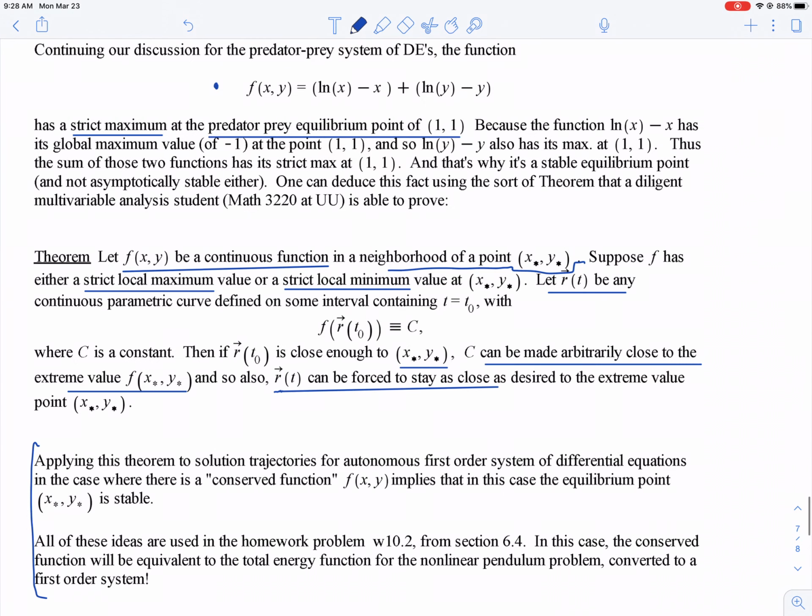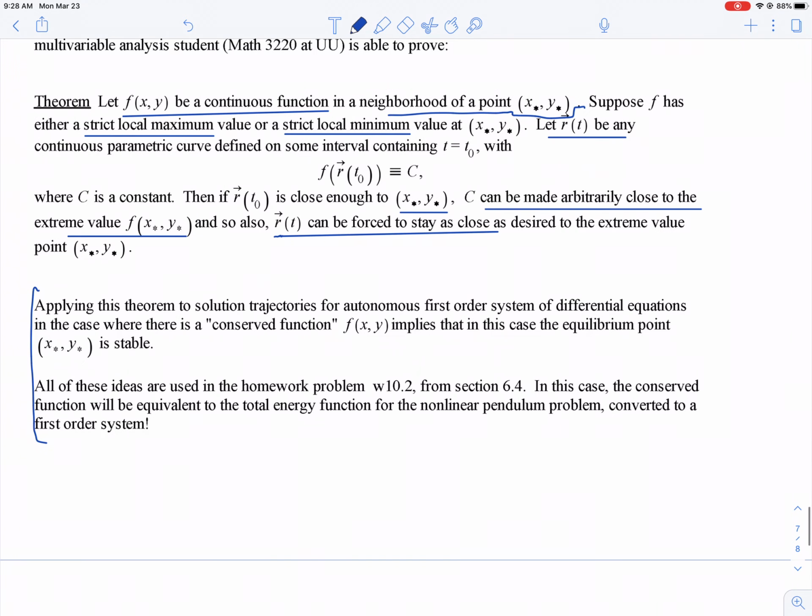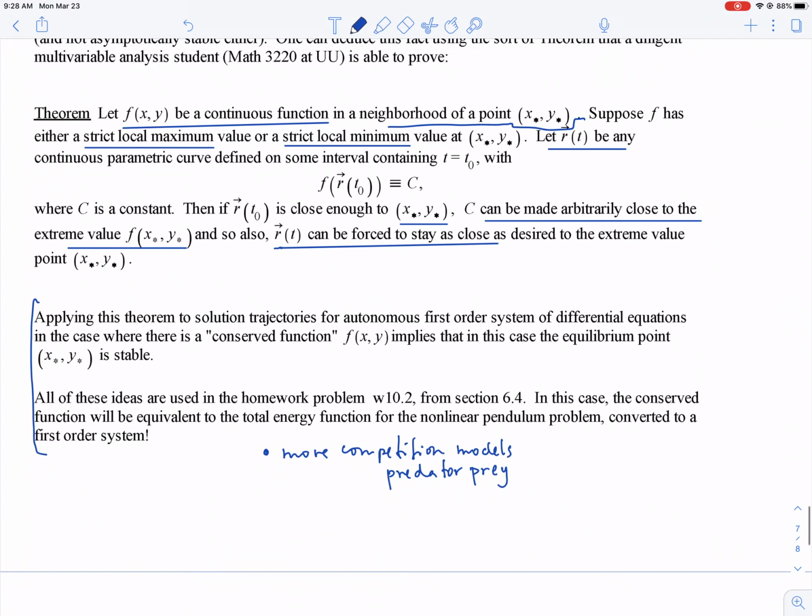All right. That ends the lecture. So we studied more competition models. More population models. We studied predator-prey. As I said, there are also symbiosis models.